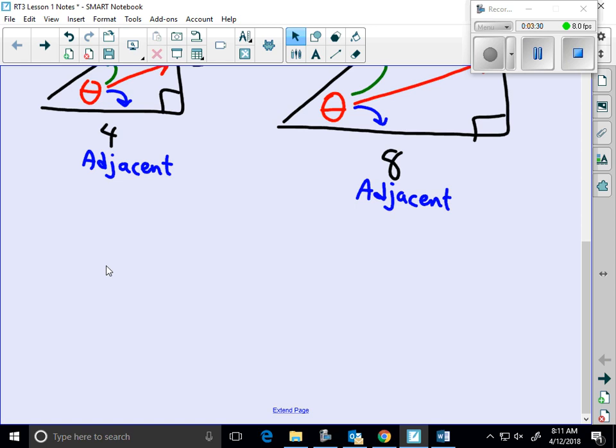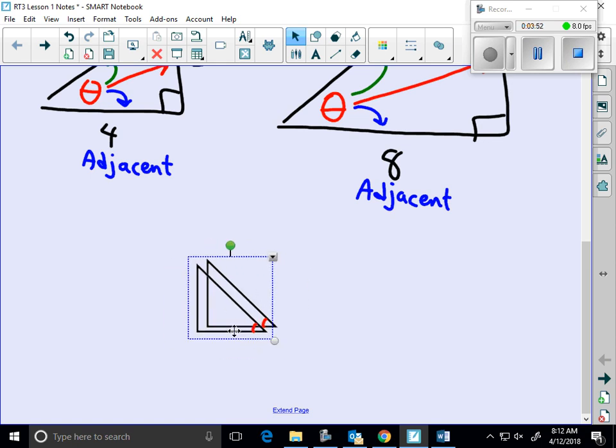Watch this, I'm going to give you a little visual. You ready? I'm going to take a triangle, and I'm going to turn it into a bigger triangle. Okay, so here's a triangle, right? I'm going to mark this angle right here, this little acute angle. I'm going to call it theta. What would happen if I made this larger?